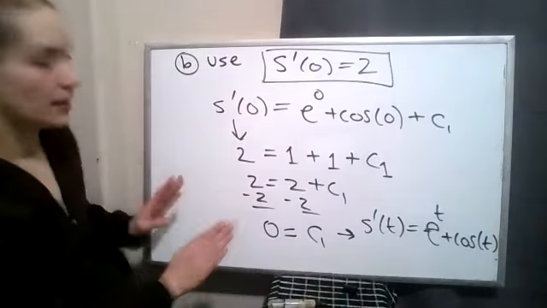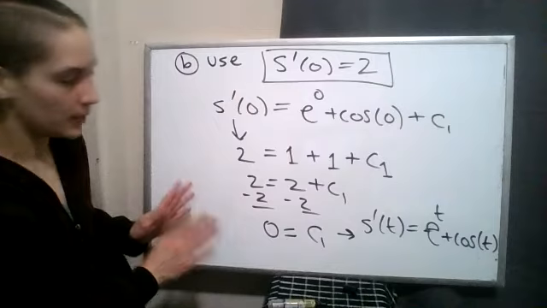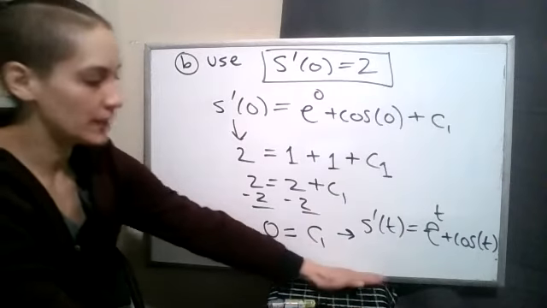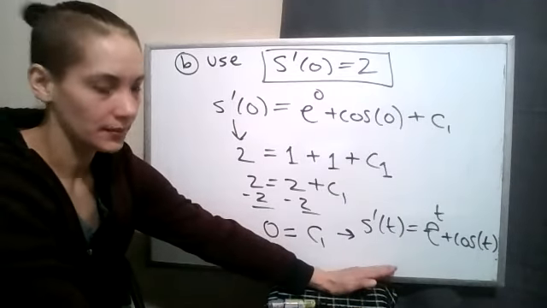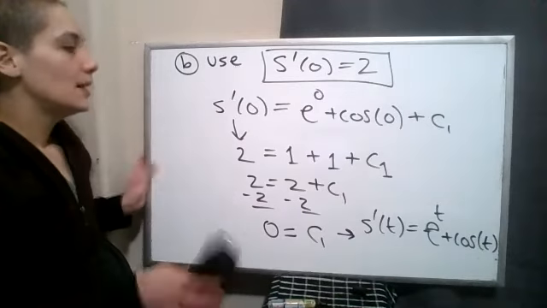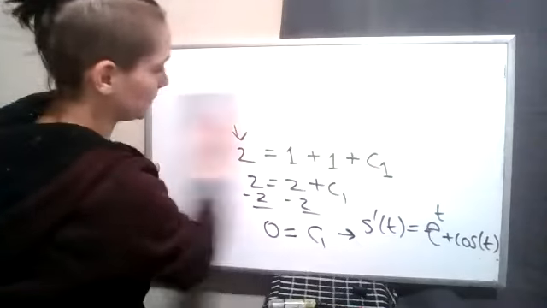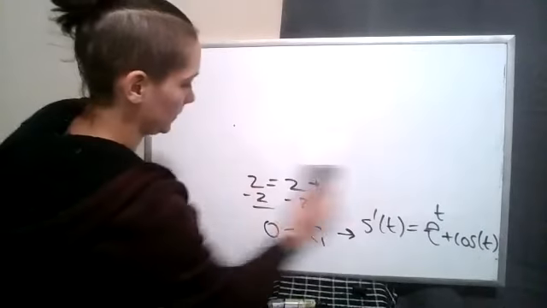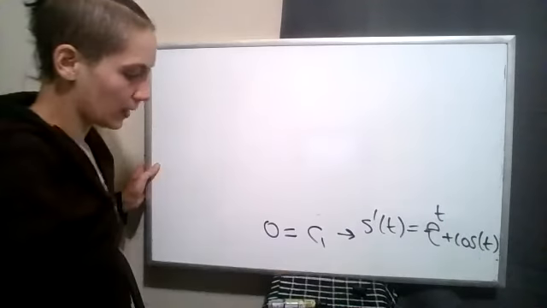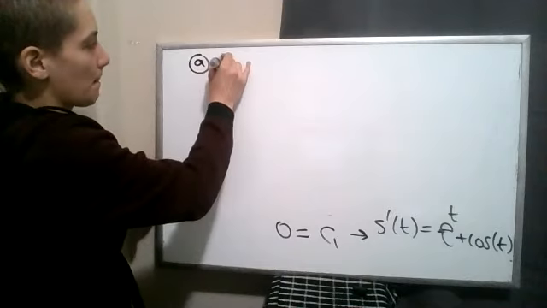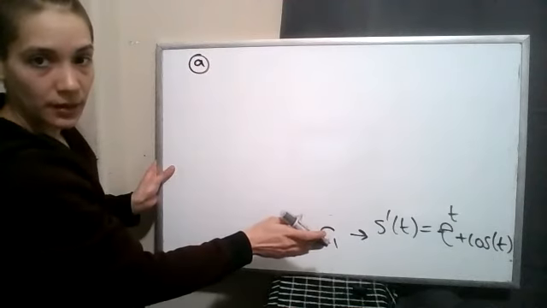Okay. We need to repeat this because we've only gotten to s prime of t, and we want to do another antiderivative to get to s of t. All right, I got this. We have s prime.